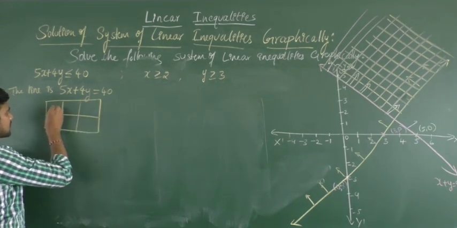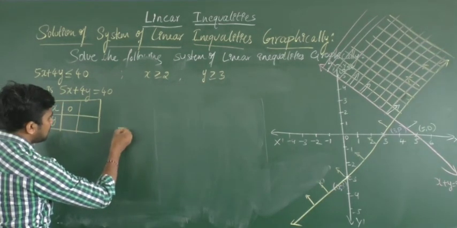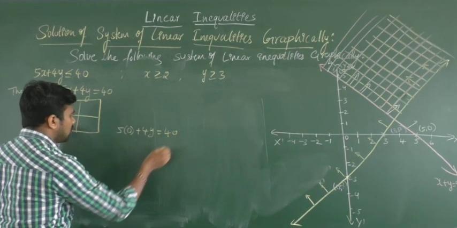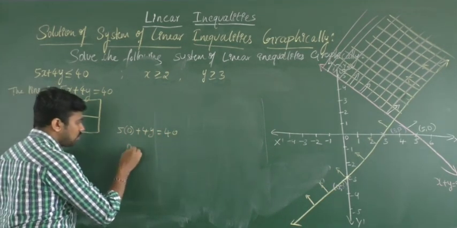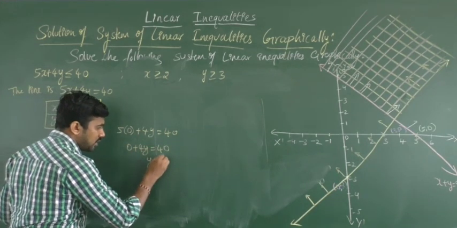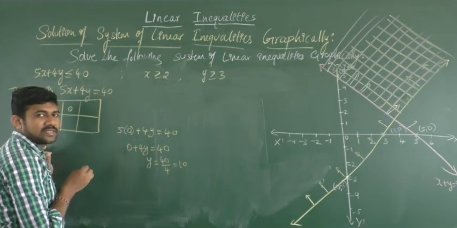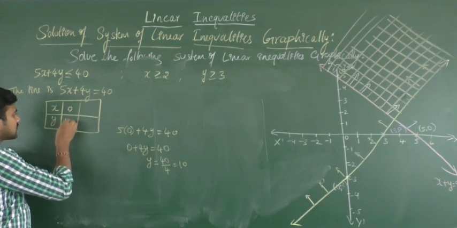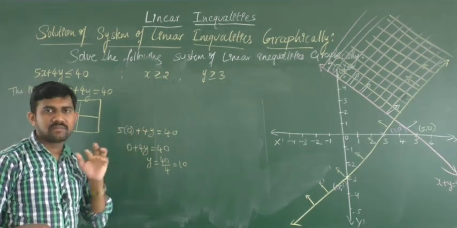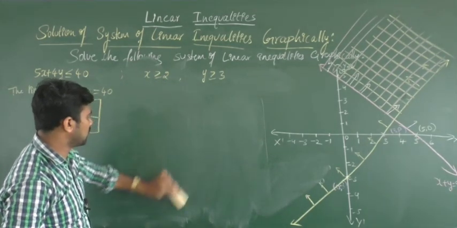If you put x is equal to 0, what will we get here? 5 into 0 plus 4 into y is equal to 40, or 0 plus 4y is equal to 40. So y is equal to 40 by 4, that is nothing but 10. So y is equal to 10. Be careful when writing. Take the time to write the answer properly. Don't make improper answers, write properly.